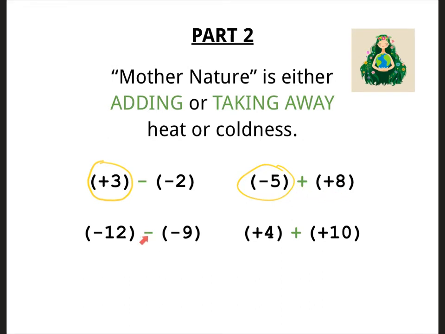So part 2 is basically looking at the sign in between and deciding what she's doing. She's either taking away or adding something. But the concept of the first integer being the current temperature is still there as well.